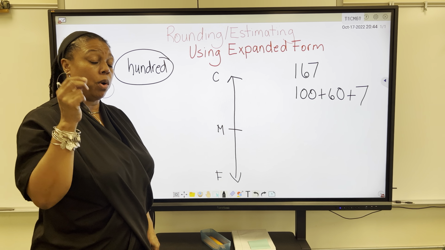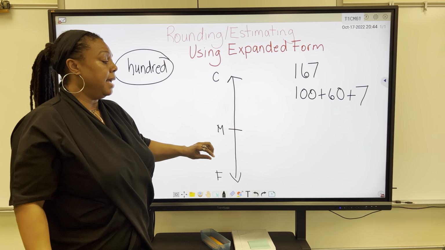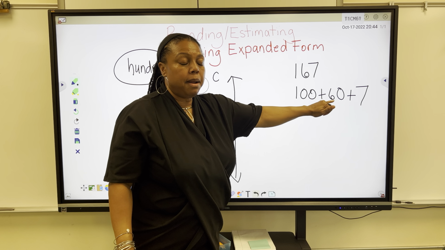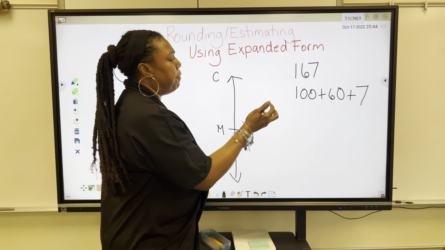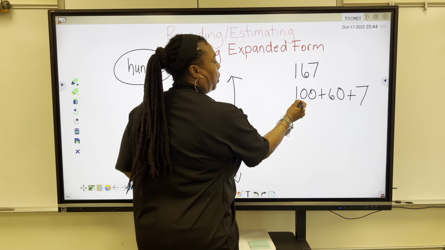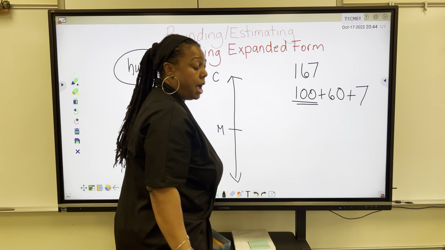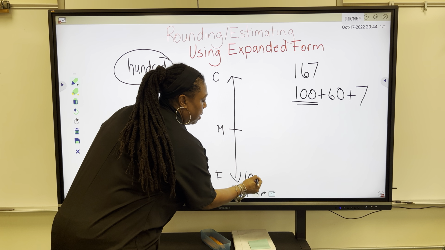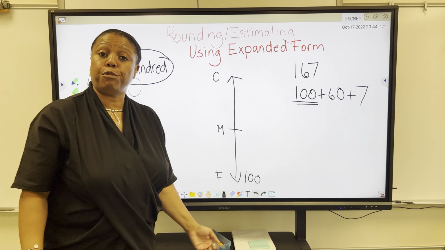The 3 important words: floor, ceiling, and midpoint. I'm going to look at my number that I've written in expanded form, and because I'm finding the number to the closest hundred, whatever I wrote for the 100, I'm going to put that as the floor. So I have 100 as the floor.